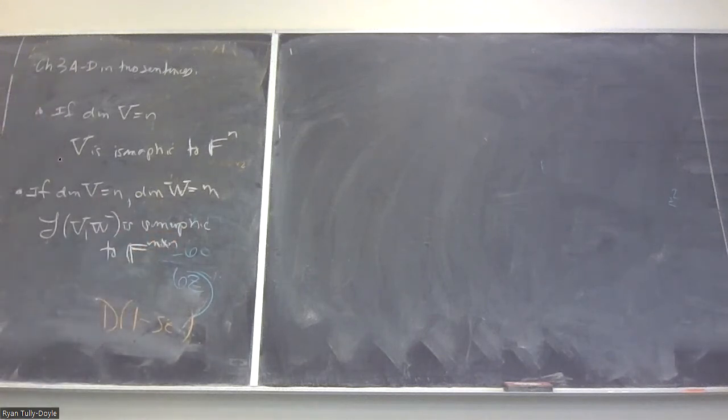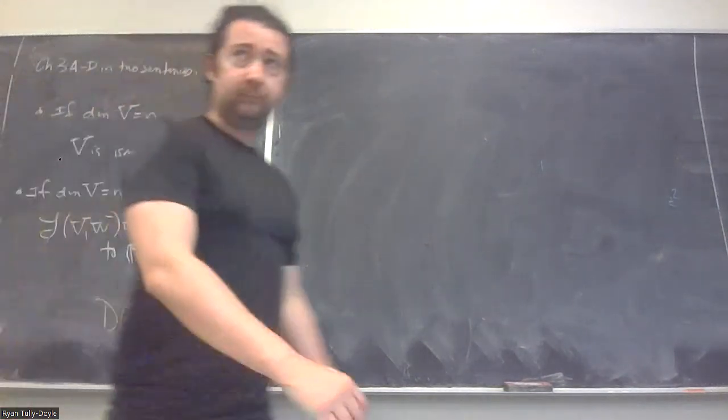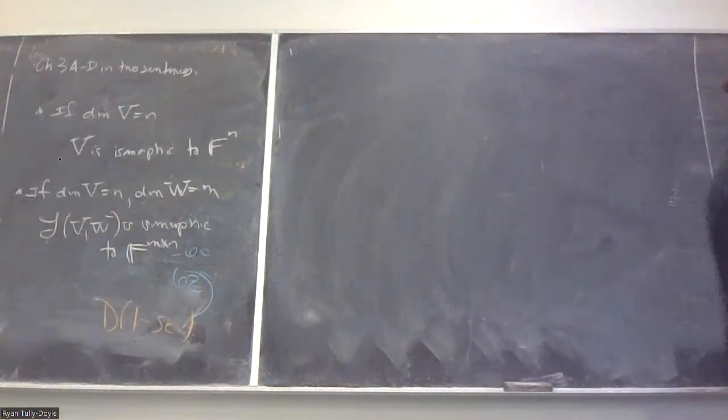The idea is that we can work on vector spaces, or we can flip over to working on column vectors and matrices, like the first quarter linear algebra approach. That's basically chapter 3. It's a lot of work to get to the point where we can do this.